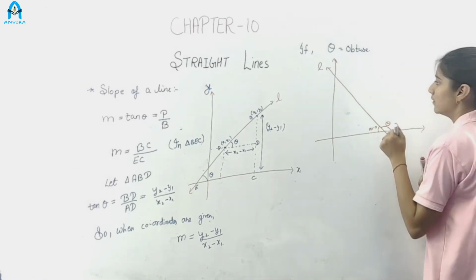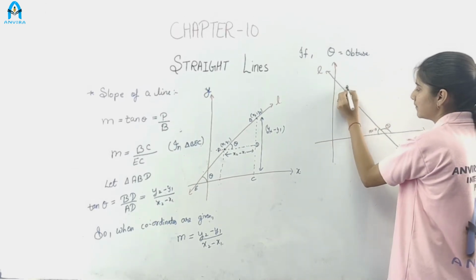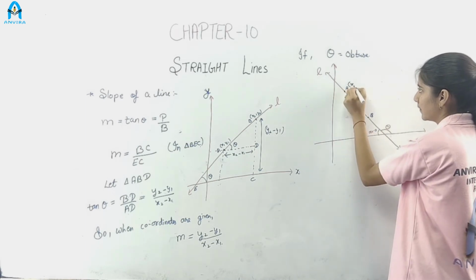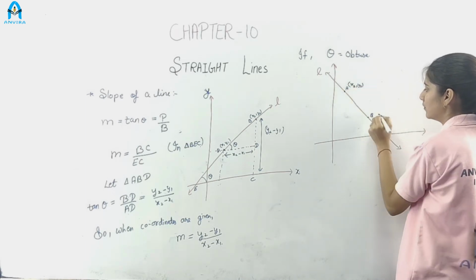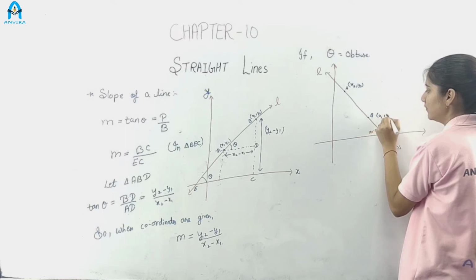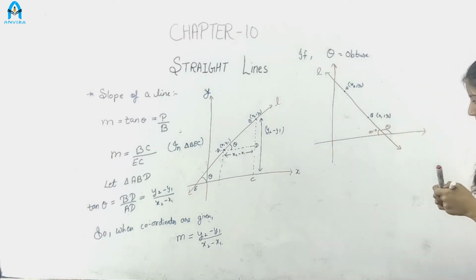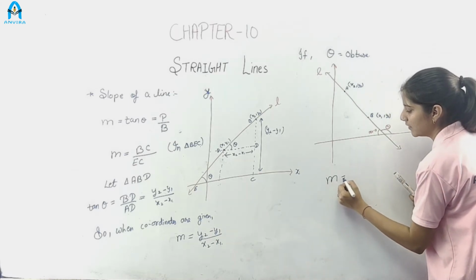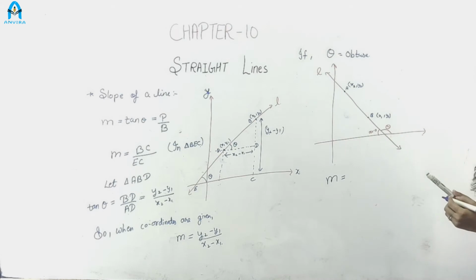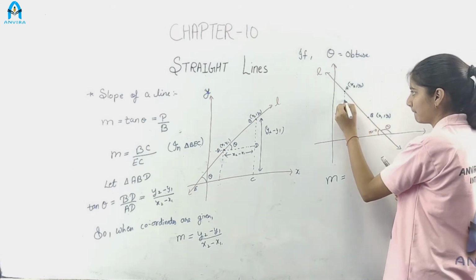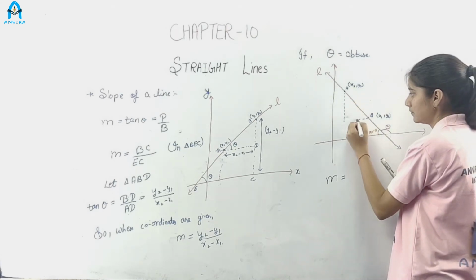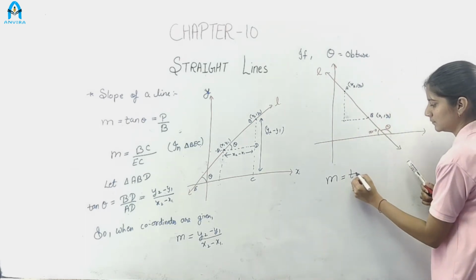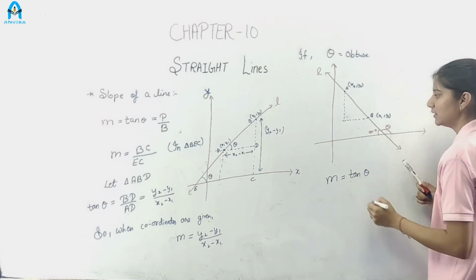If the points A and B are given, x2, y2 and x1, y1, then what is our formula? Our formula m is given by tan theta.